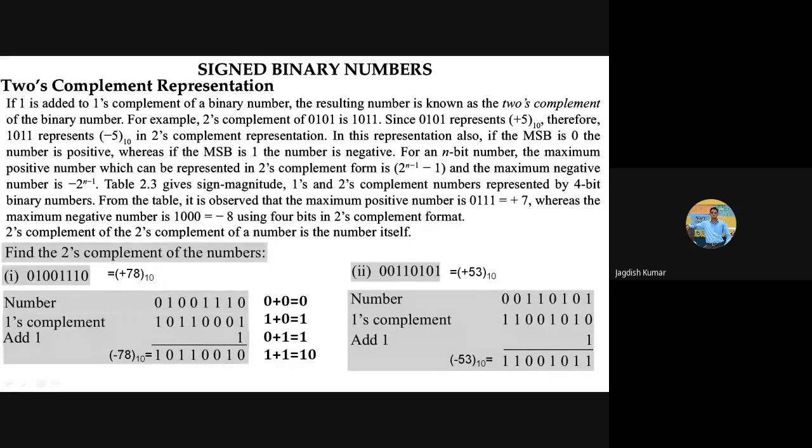Now since it is a negative number and I told you that it is in 2's complement form, find out the magnitude of this number. What you have to do, I have to take the 2's complement of this number and then finally you will get the magnitude. And I'm sure you all can work it out. That is simple.